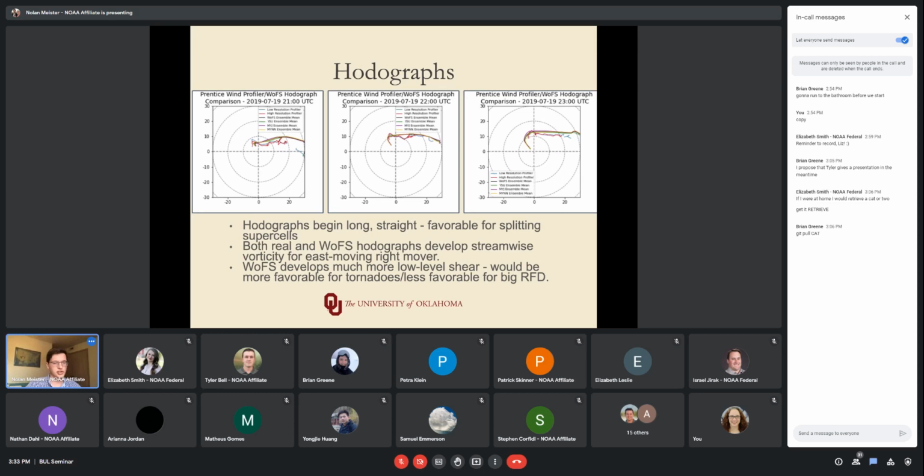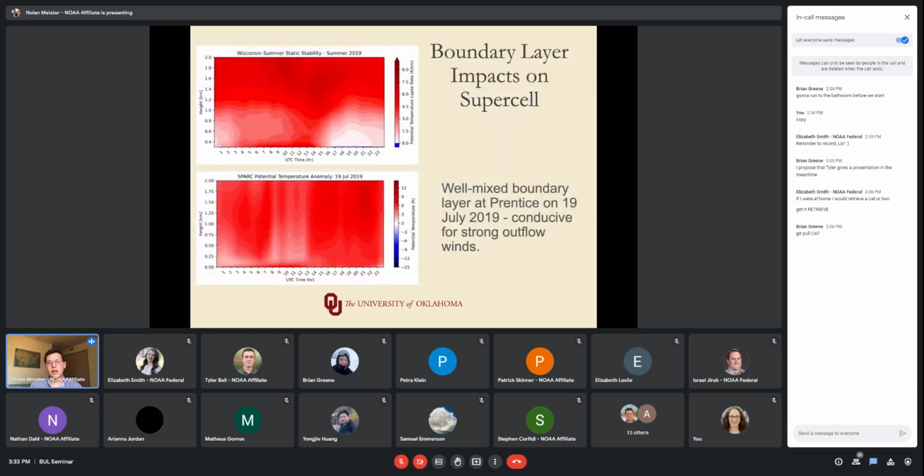And that can obviously be a big problem if you're a forecaster and you're trying to get the most up-to-date information. I also want to quickly note that there may have been some boundary layer impacts on that supercell MCS merger. You'll remember from the first part, we had a really, really well-mixed boundary layer most days in Wisconsin right at the Prentice site. Note that this isn't a static stability anomaly on the 19th of July.